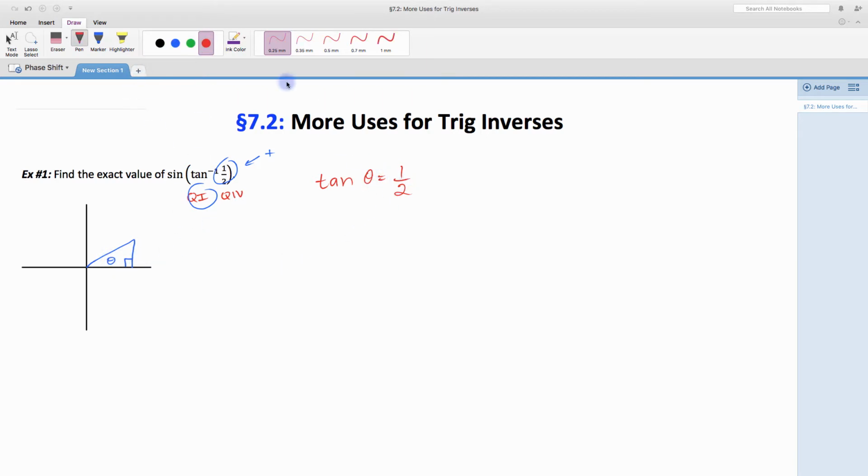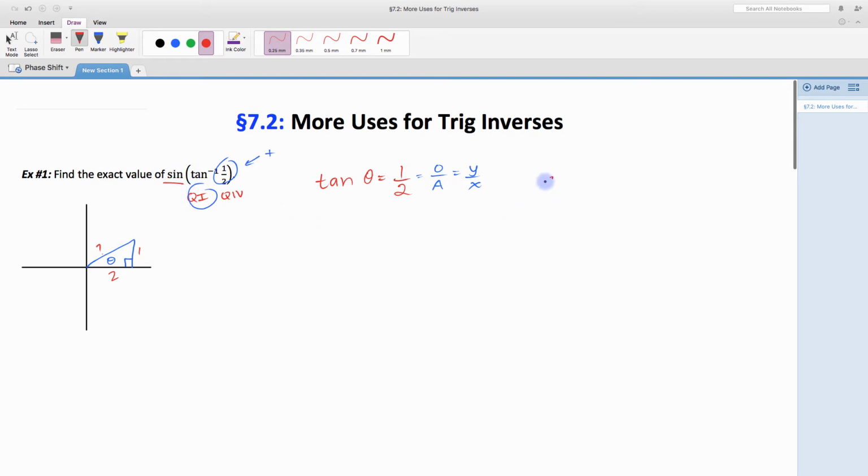The tangent of theta is 1/2, which is the opposite side over the adjacent side, or y over x. So the opposite side is 1, the adjacent side is 2, and we need to figure out the hypotenuse.